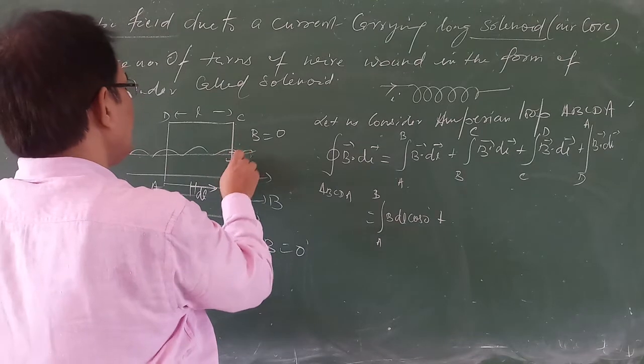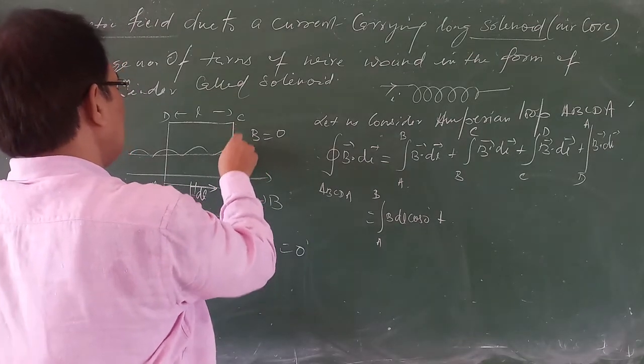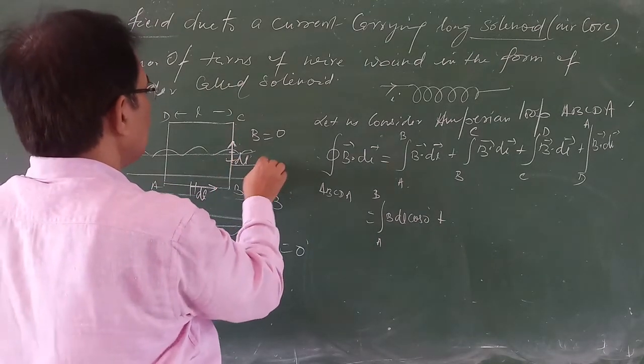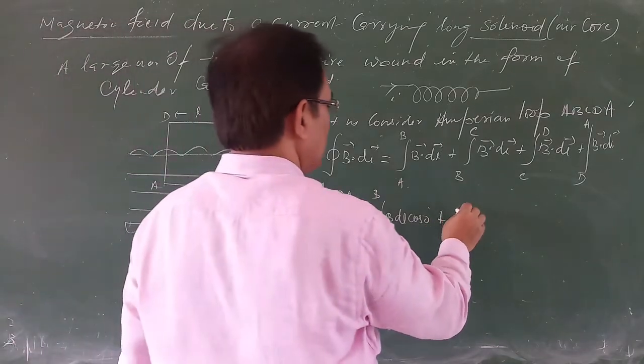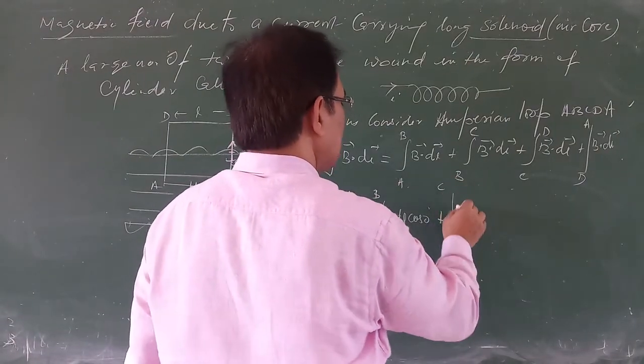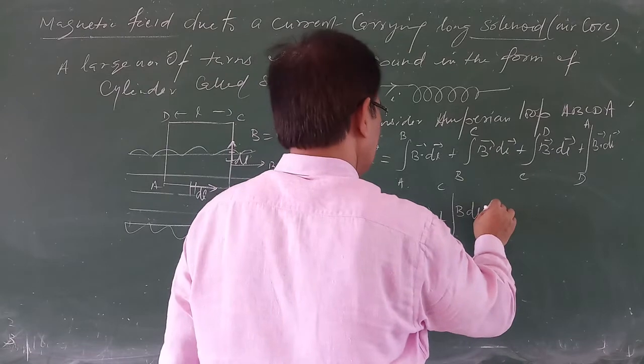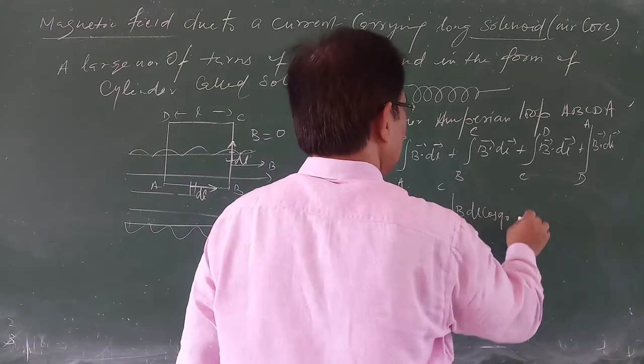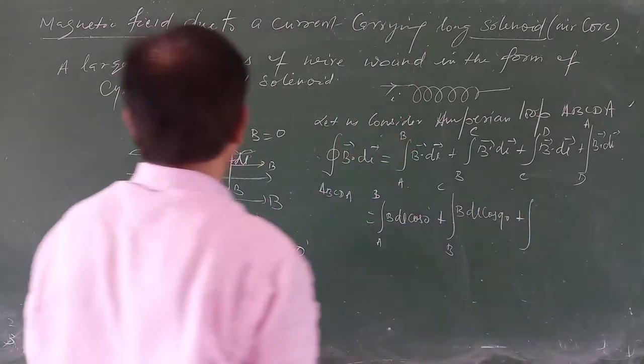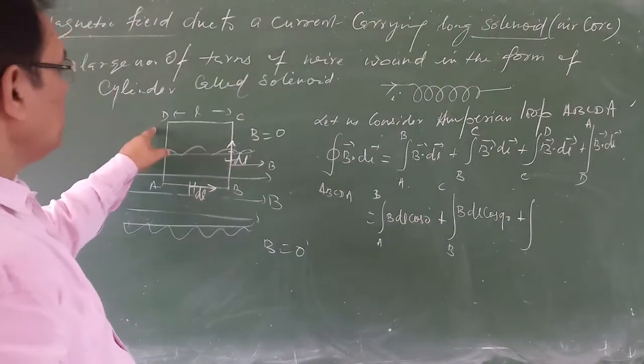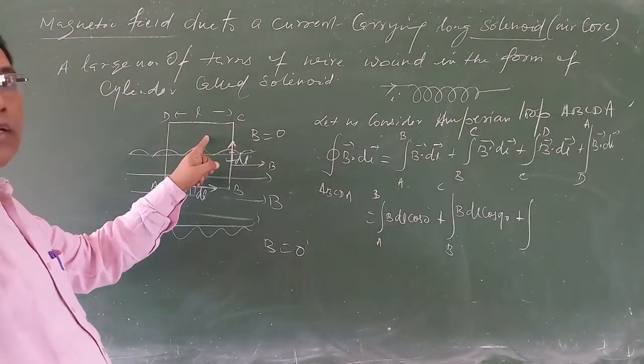Here is the dl, and the direction of dl is perpendicular to the magnetic field. So B to C, B dl cos 90, plus C to D. This side is out of the magnetic field.